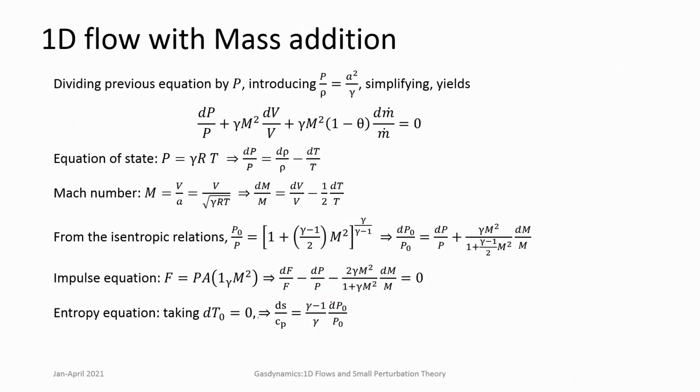Now as we did in all other cases, our intention is to represent the main governing equation, here it is the momentum equation. You express the momentum equation solely in terms of Mach number.